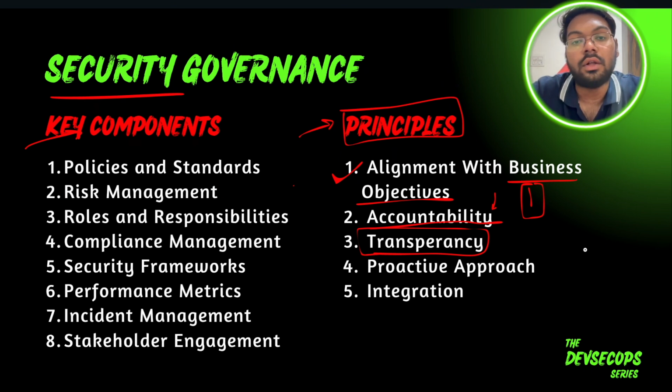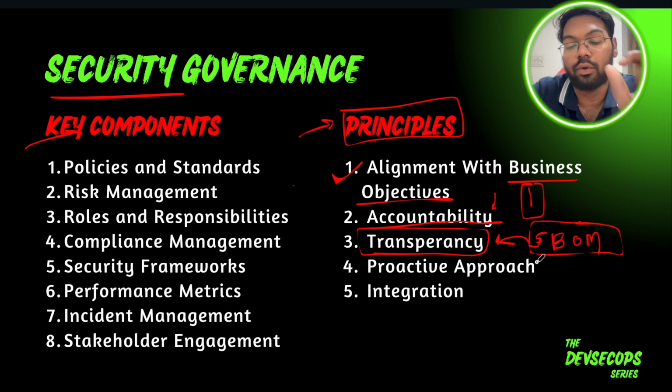So there is something called SBOM, which we will be discussing later in our further series. This is really important these days to foster transparency between organizations and the regulatory bodies.